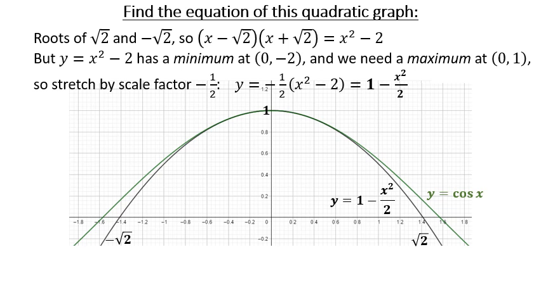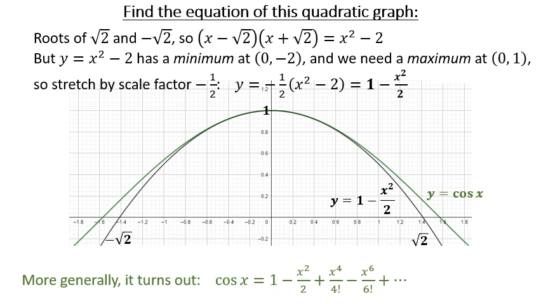If you're curious about this 1 minus x squared over 2 and why it should match cos x, that's a topic we're going to get into in more detail when we do further maths. But for those of you who are too impatient to find out what the expansion looks like, there is something called the Taylor series, which is equivalent to the binomial expansion for things which are not binomials.